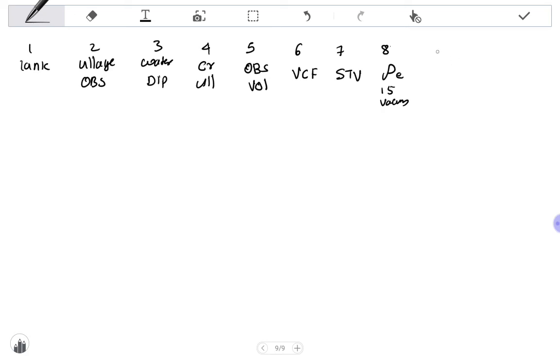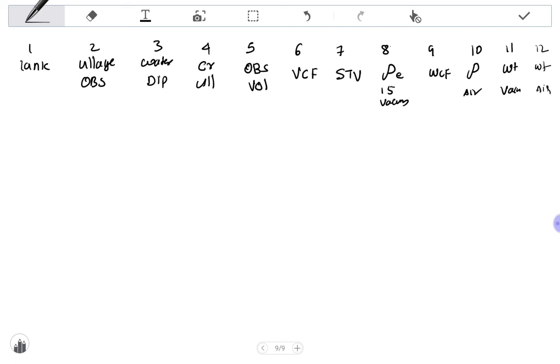Okay, now the other part is 10, density at air. Okay, now next thing is 11, weight vacuum. 12th one is weight air.